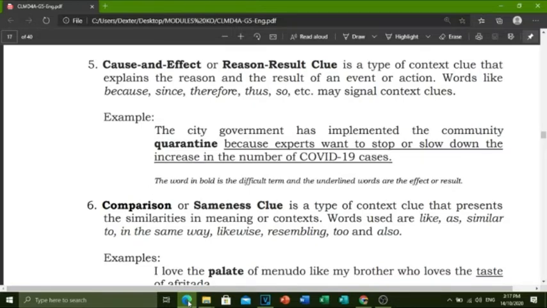So this type is an example of cause and effect. So through that cause and effect relationship, you as a reader are given an idea what the word quarantine means. Therefore, community quarantine or quarantine means self-isolation or strict isolation. Nakuha nyo ba mga bata?